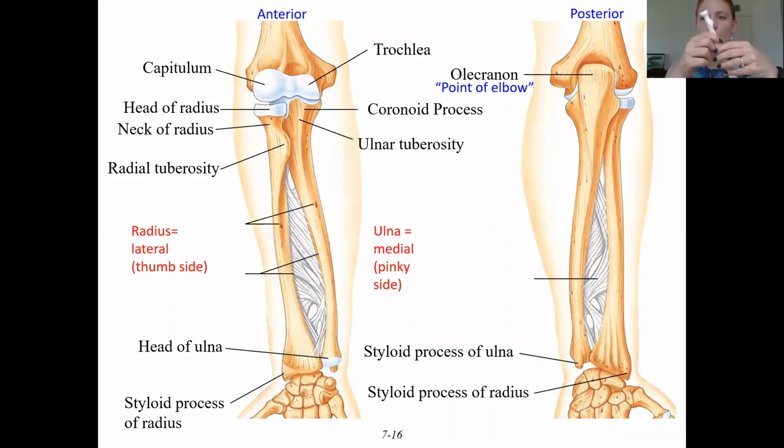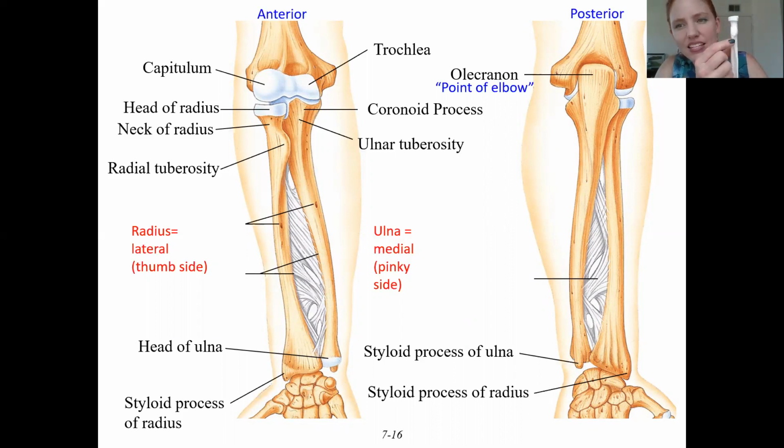Okay, so remember, if it has the golf tee, it is the radius. And again, that's not the official term for it. That's just what it looks like to me. Okay, this is actually called the head of the radius. Underneath the head of the radius, you have a fairly large rough bump. That's going to be for muscle attachments.